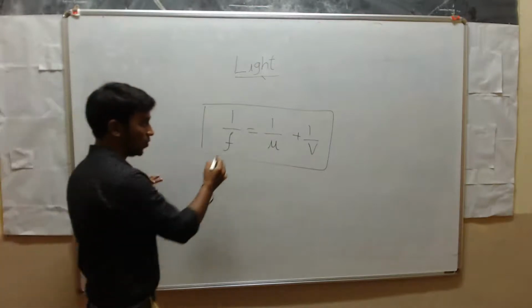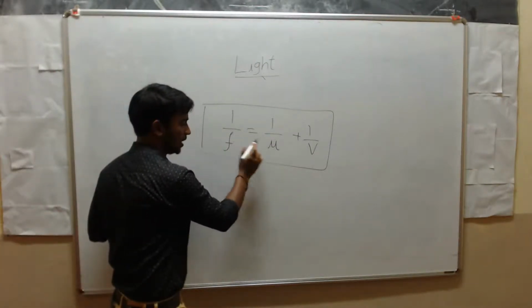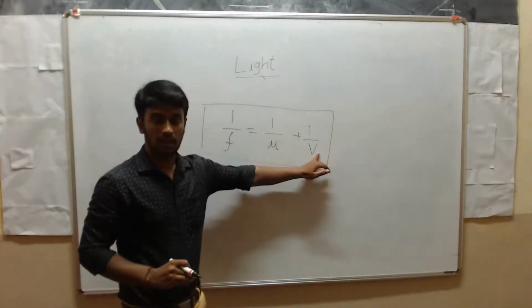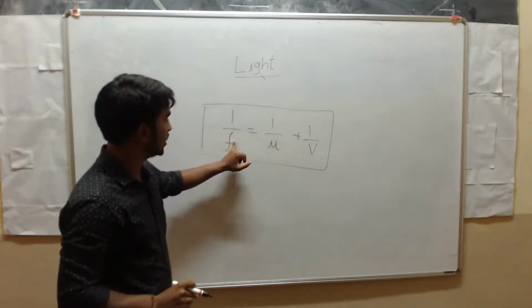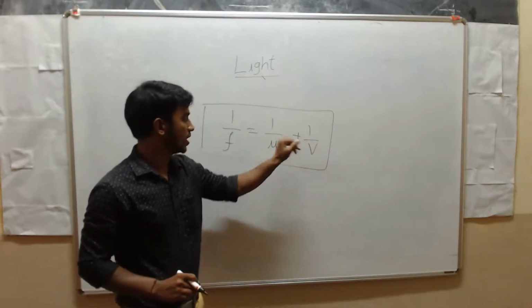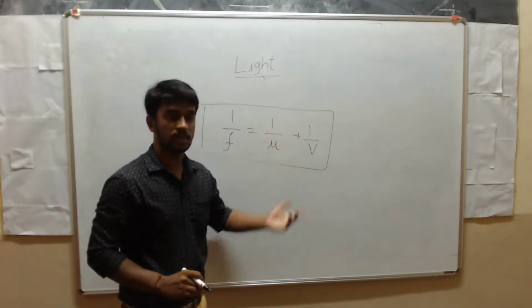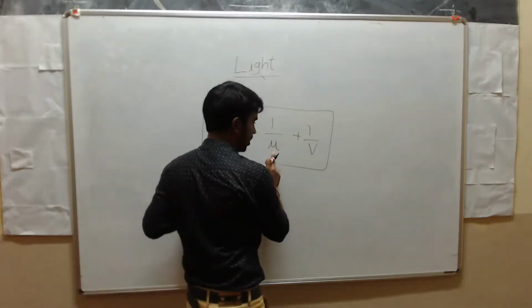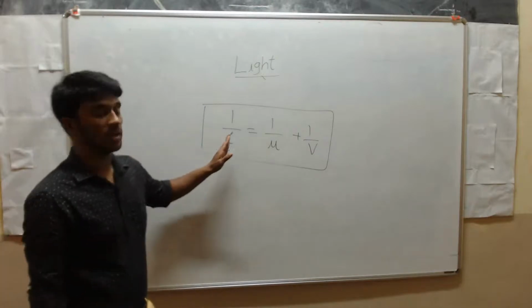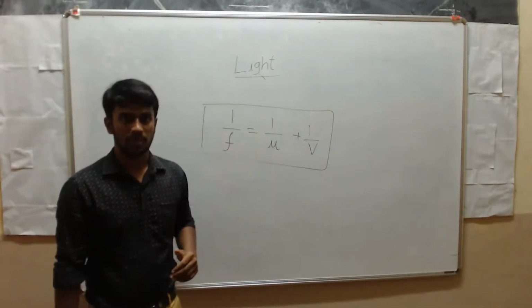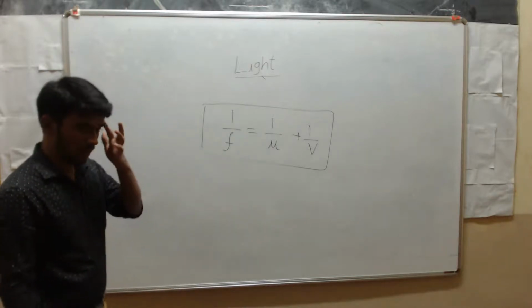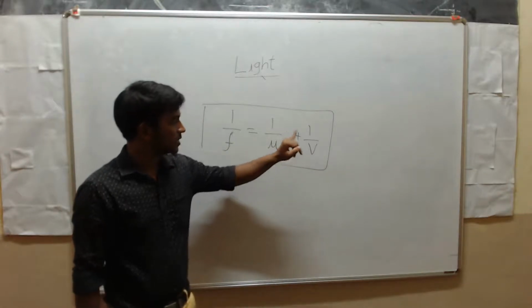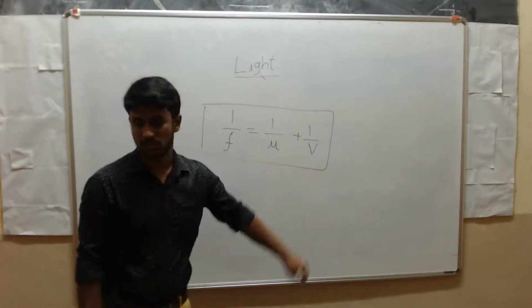If you know the focal length and the object distance, we can find the position of the image. Or if you know the focal length and the position of the image, we can find where the object is placed. Or if you know both the object distance and the image distance, you can calculate the focal length of the mirror. We call this the mirror formula. Here f is focal length, u is object distance, and v is image distance.